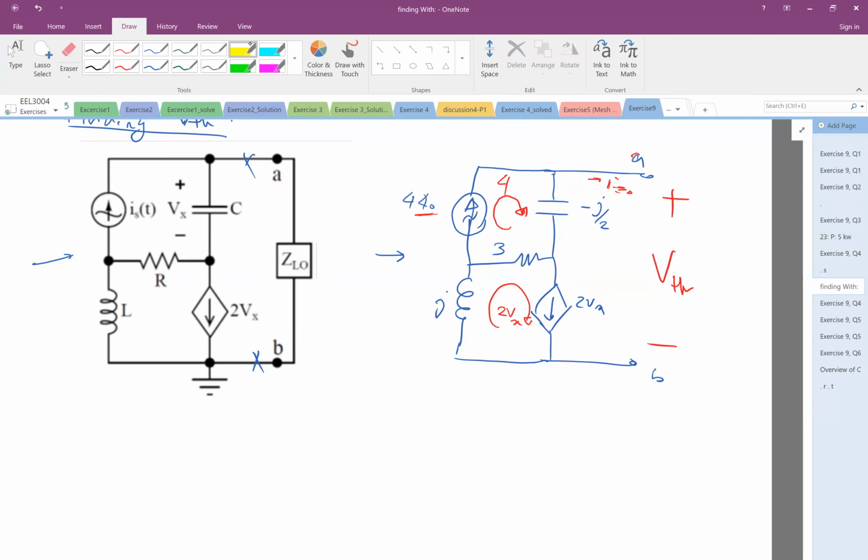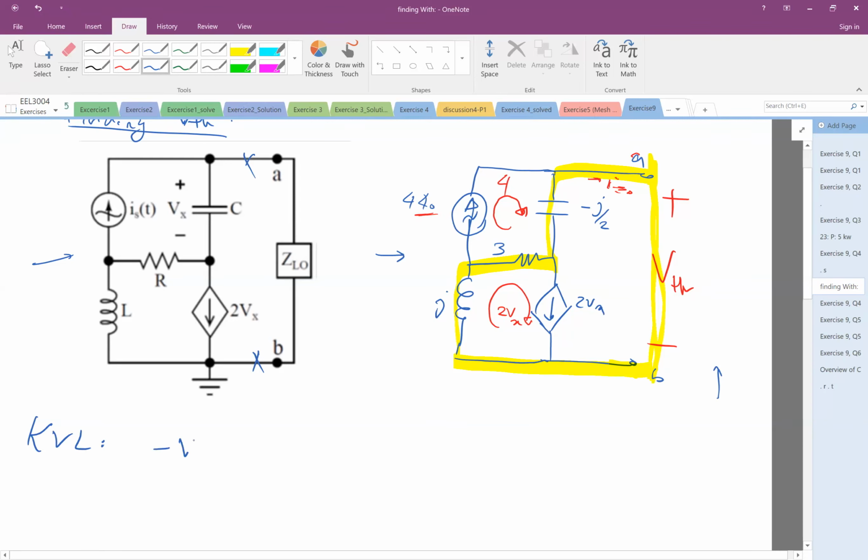And let's do mesh. As before, because of this current source, there's a super mesh. So I will consider this super mesh here. There is a voltage here, so I can write the KVL. Let's start from here. Negative VTH, because we have to find the voltage. From here to here I hit negative, so negative VTH, and then I come here, negative j over 2 times the current, which is going down.